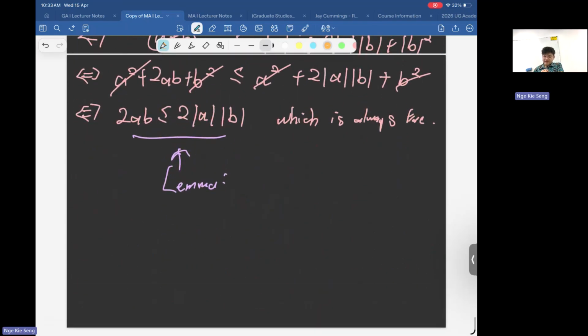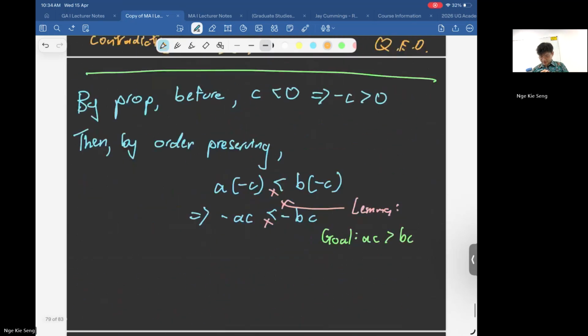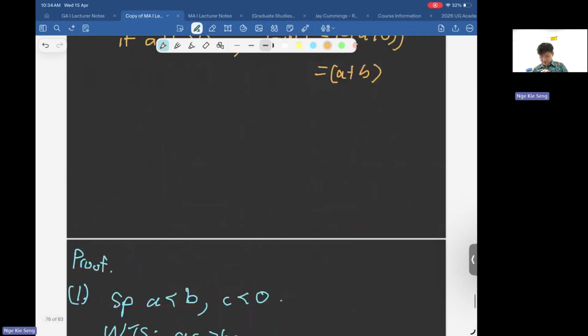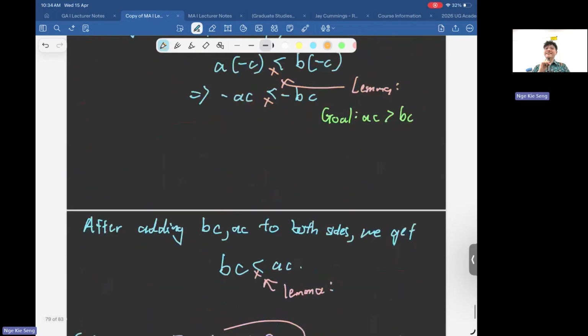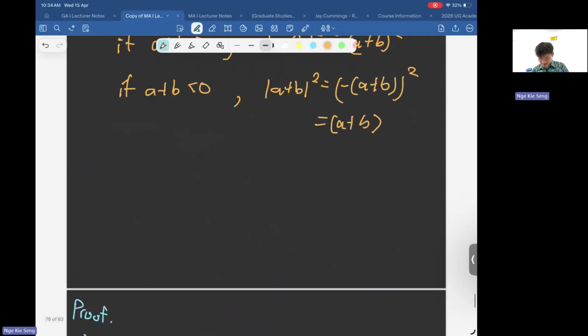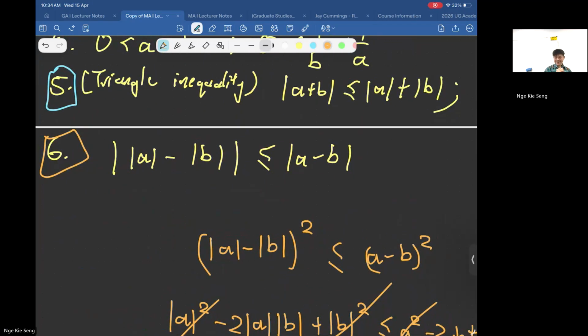Question 6. The reverse one. Can I say that it's the same as triangle inequality? Do you buy my argument? You want to let me think first.